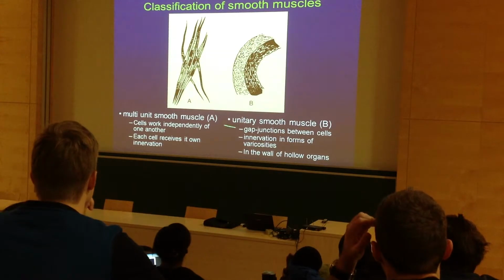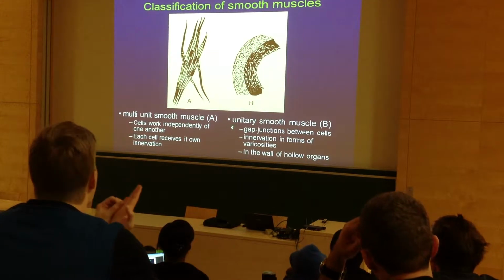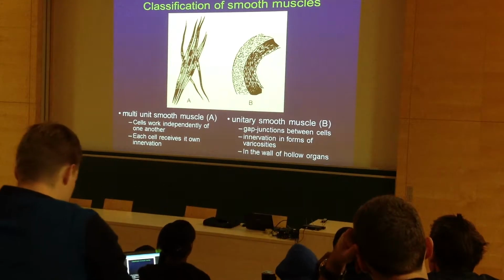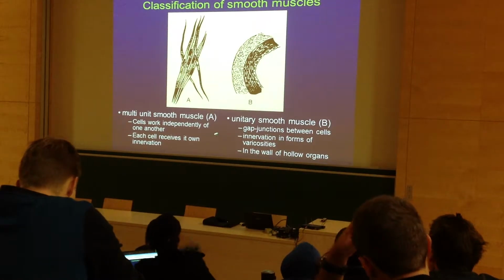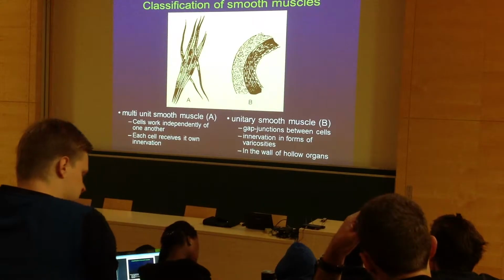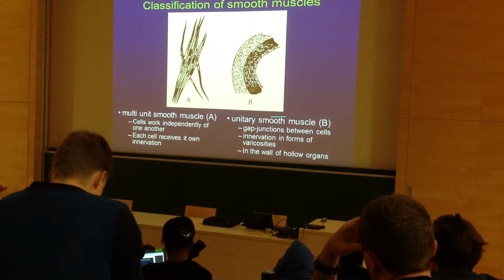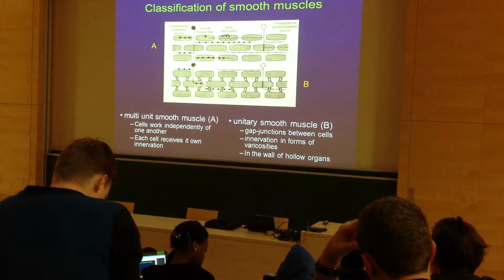In this visceral or unitary smooth muscle, the cells are connected by gap junctions, which we have discussed in electric synapses. The innervation happens in varicosities, I will show you in a second, and not every cell receives its innervation.